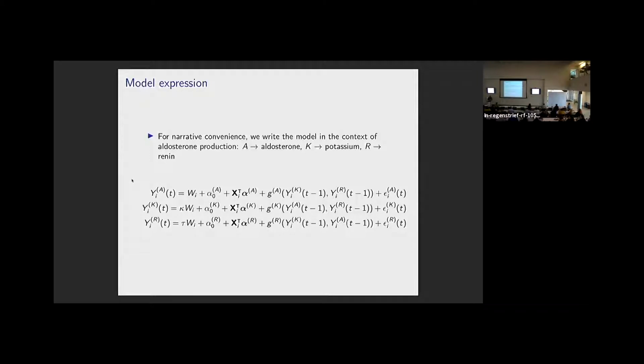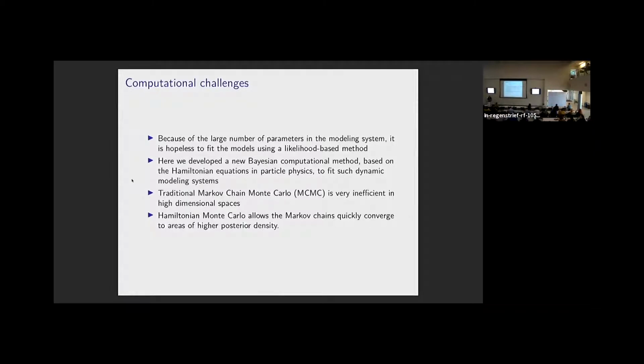So this way we capture how it affects the aldosterone. And then for potassium, we actually model it as a function of aldosterone and renin, and so on and so forth. You can make the model as complicated as you want. You can add additional components to it. But this is the idea, okay?